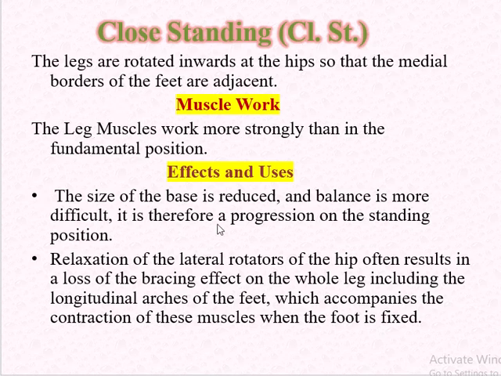Effects and uses: the size of the base is reduced in this case and balance is therefore more difficult. It is therefore a progression on the standing position. Relaxation of the lateral rotators of the hip often results in a loss of the bracing effect on the whole leg, including the longitudinal arches of the feet, which accompanies the contraction of these muscles when the foot is fixed.